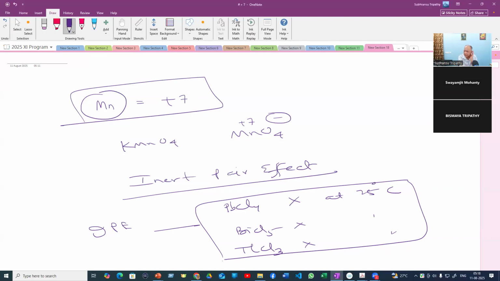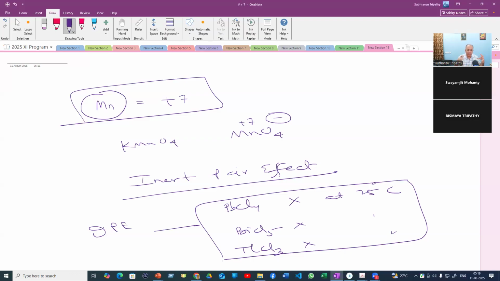But I have told you that the 6s electron, particularly in lead, bismuth, thallium, the outermost electron is present in 6s, and because of the relativistic contraction effect, they become so tightly bound. The contraction is due to them moving with high speed, and therefore they have heavy mass.